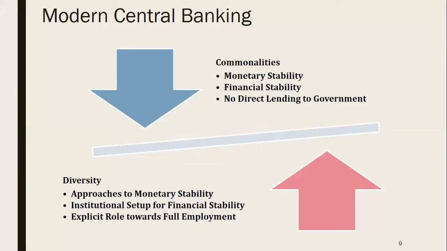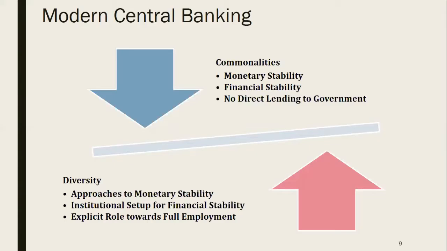Some might adopt an inflation targeting framework. Other central banks may go forward with monetary targeting. Some might take exchange rate targeting. So these monetary policy regimes can be different, but the goal is the same. So that's one difference, the approach.